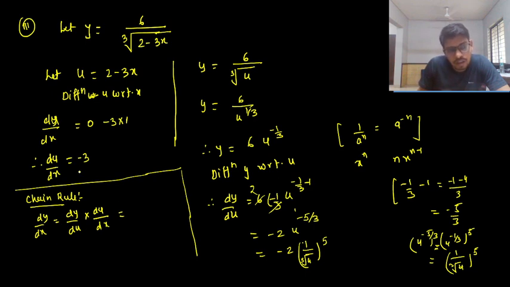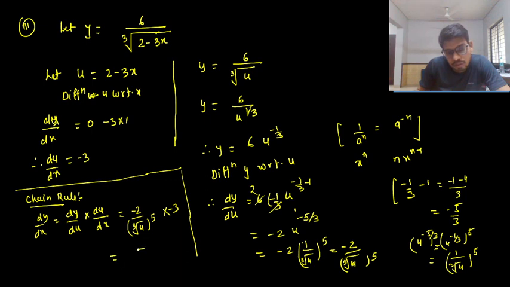So here this is basically minus 2 upon cube root of u with power, and into derivative of u with respect to x is minus 3.